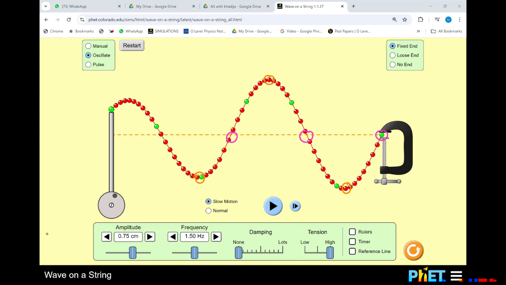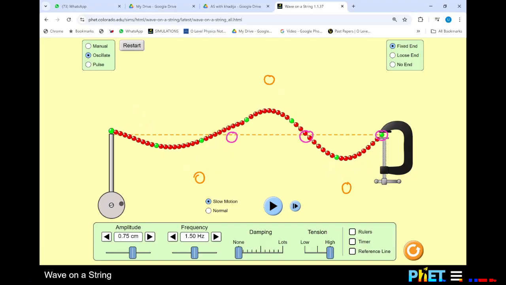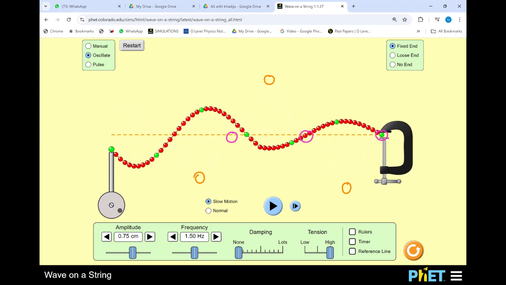Right now, the ones which are present at the negative maximum are going to move in the upwards direction this way. And the particle that has already reached the maximum position is going to come downwards to the negative maximum. See, I'm going to play it frame by frame again. You will see these particles are all moving downwards together, and particles which are present below are all moving upwards together.